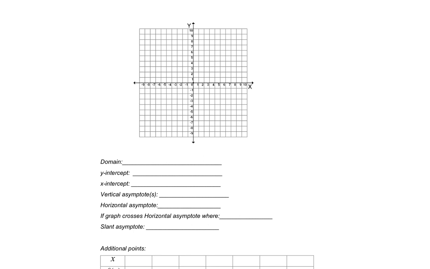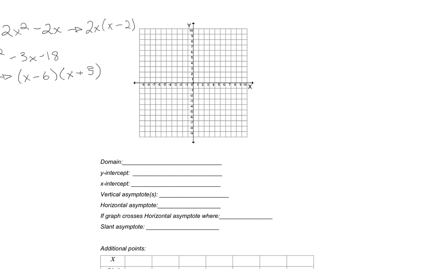Looking at this, we have 2x squared minus 2x, and this can be factored into 2x times x minus 2. So that's the top. And the bottom, x squared minus 3x minus 18, becomes x minus 6 times x plus 3.